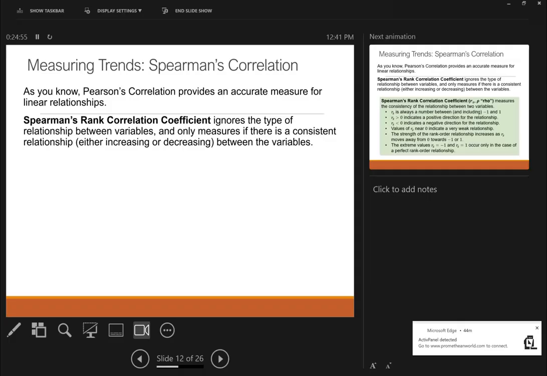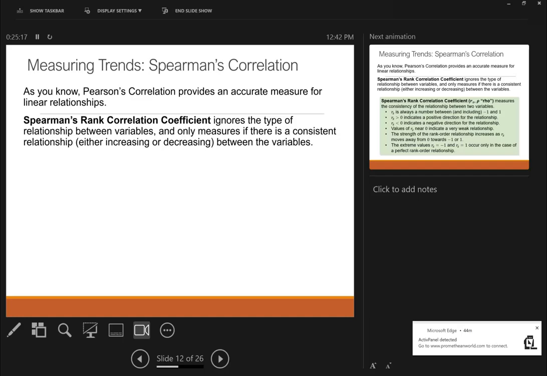There's a second correlation statistic. So we had Pearson's, the PMCC, Pearson's product moment correlation coefficient. We abbreviate that with the letter R. The second calculation is called the Spearman's rank correlation coefficient.